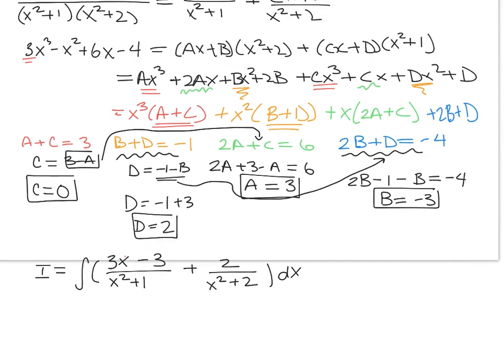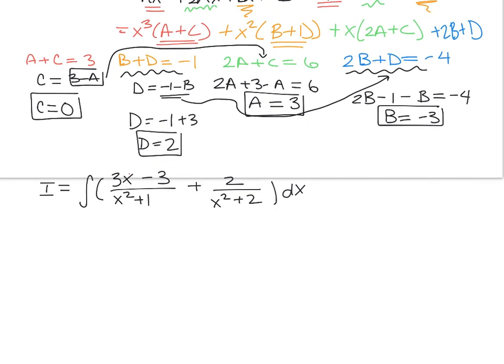All right, now that first integral will have to be broken into two parts, so specifically, 3x over x squared plus 1 minus 3 over x squared plus 1, plus 2 over x squared plus 2.